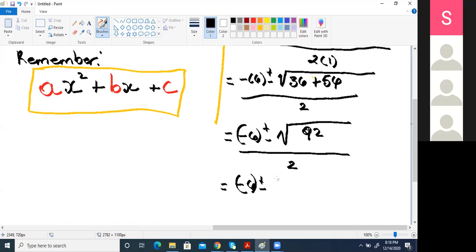You need a calculator. Hold on. Is it 46? No, the root of 46 is not it, sorry, I mean the square root.